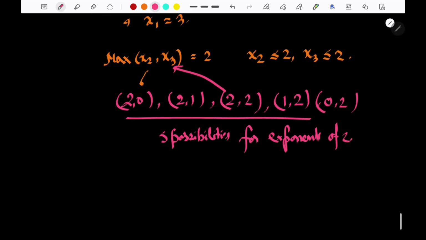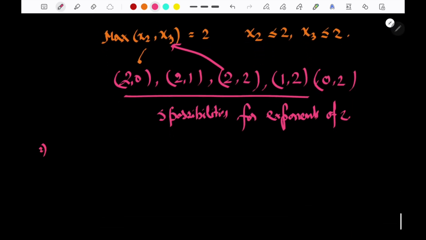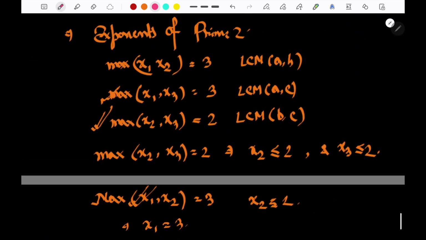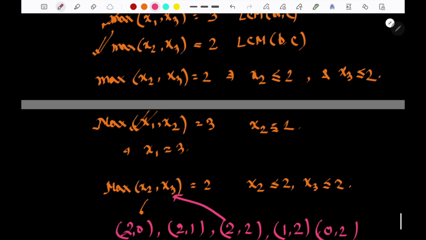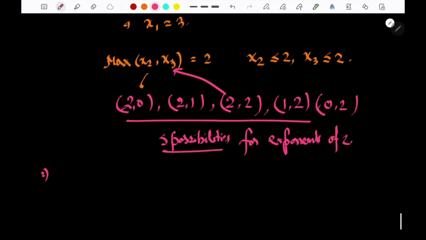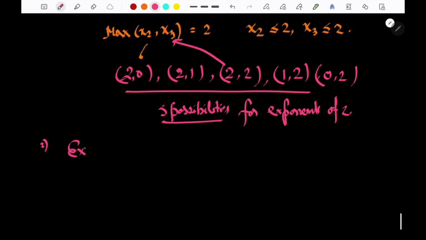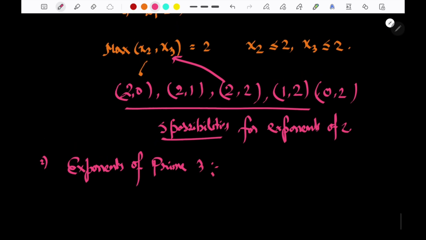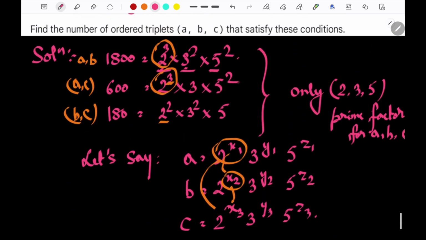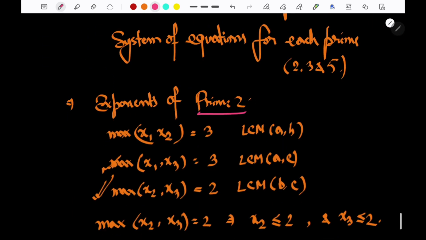Now what are the possible exponents of 3? For prime 2 there were 5 choices. Similarly for prime 3, how would we decide? We can check the initial condition. For A, B the maximum exponent is 2, for A, C it's 1, and for B, C it's 2.